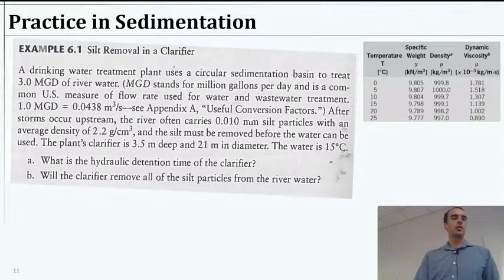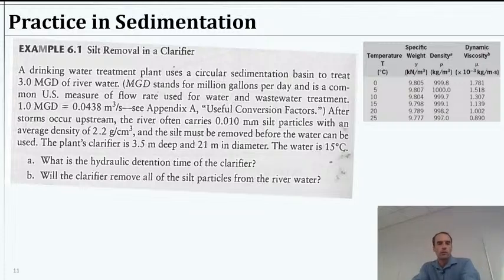All right, so let's give it a shot and solve this example problem. It is silt removal in a clarifier. So a drinking water treatment plant uses a circular sedimentation basin to treat 3 million gallons per day of river water. It gives us the abbreviation there and gives us a way to relate that to cubic meters per second.